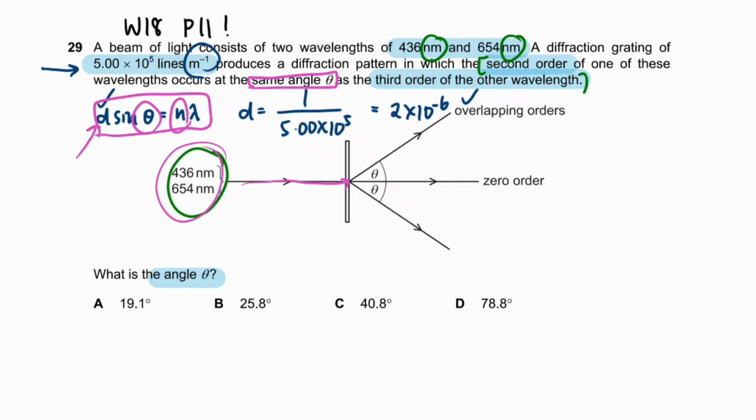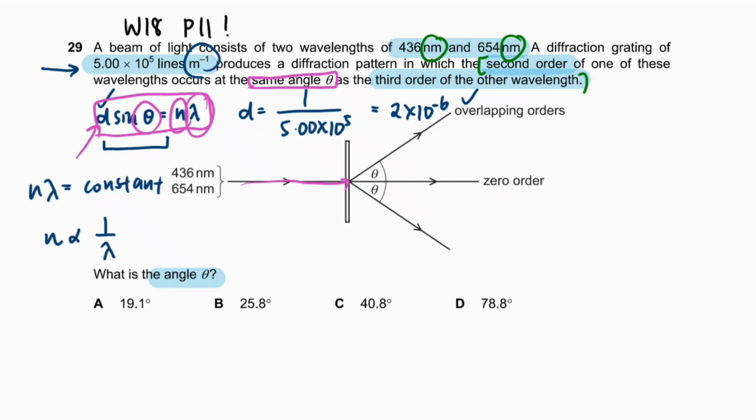Your number of order is not the same because one is diffracting at the second order and the other at third order. And your lambda, of course, is not the same. So what can we deduce from that? We can deduce that n lambda equals constant, so we can safely say n is inversely proportional to your wavelength.